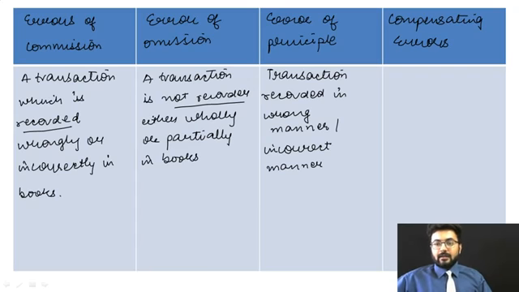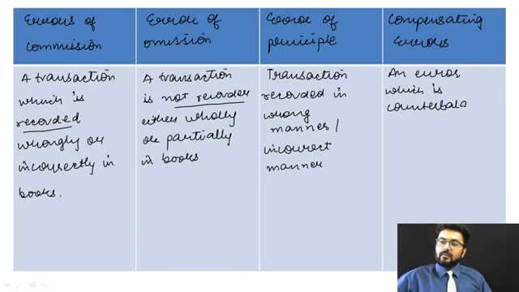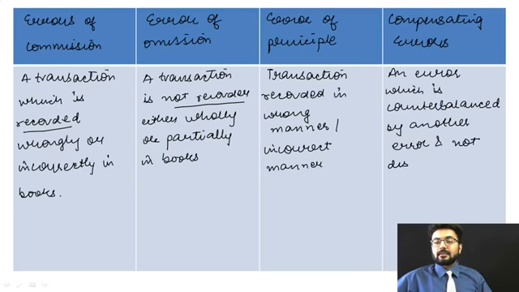Now what is compensating errors? Compensating error is an error which is counterbalanced by another error, and moreover, that is not disclosed by trial balance.